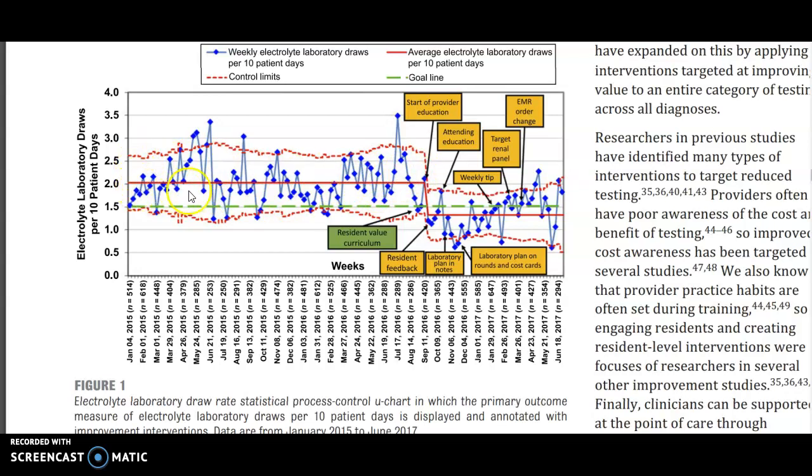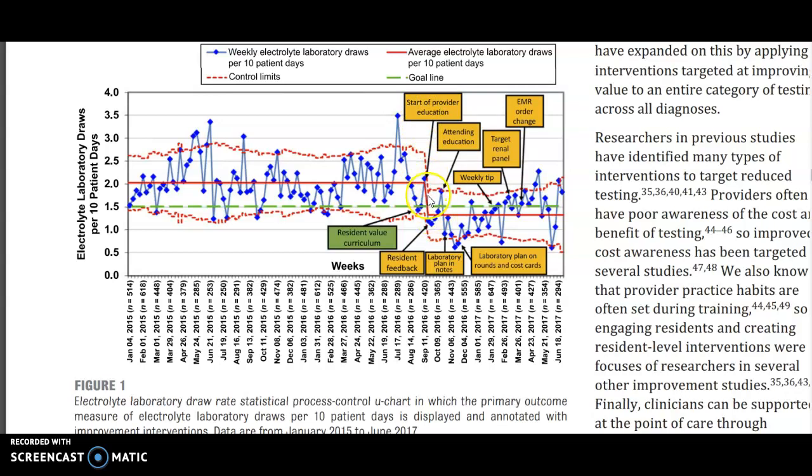So we set up this nice baseline, and then what they're hoping happens, the researchers at least, is they want to see fewer of these draws being done. So they would like to see this average line drop. So how do they approach that, and what do we see going on here? Well, indeed, when they start the interventions about right here, we do see a drop.